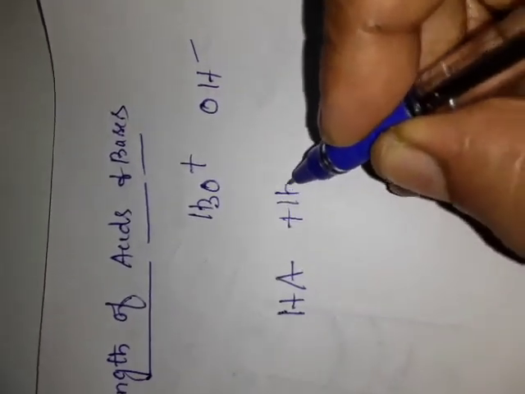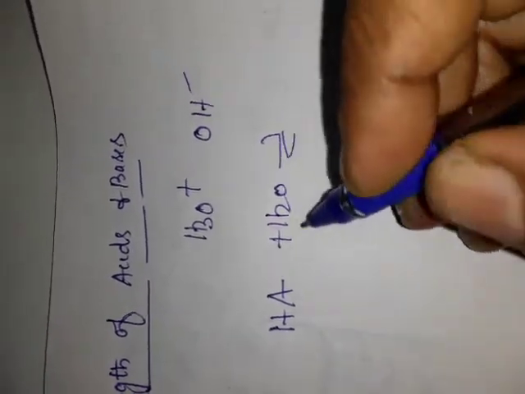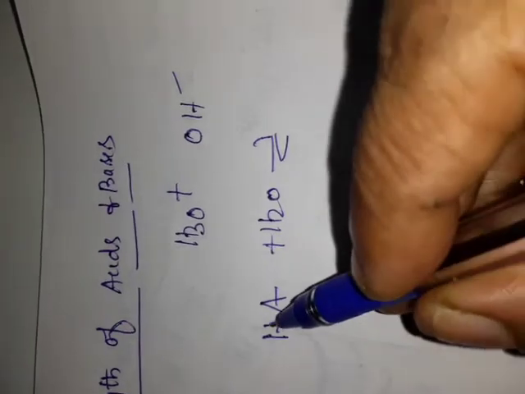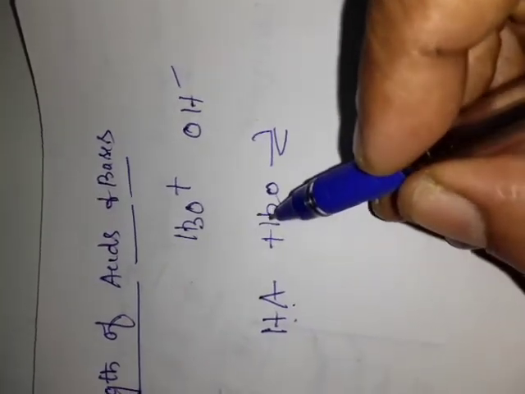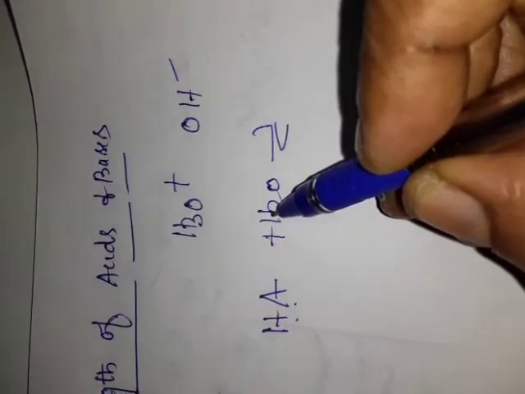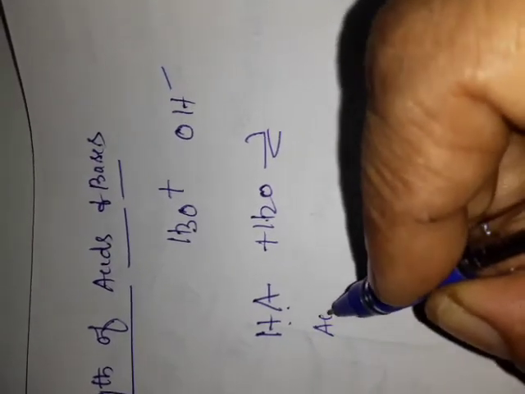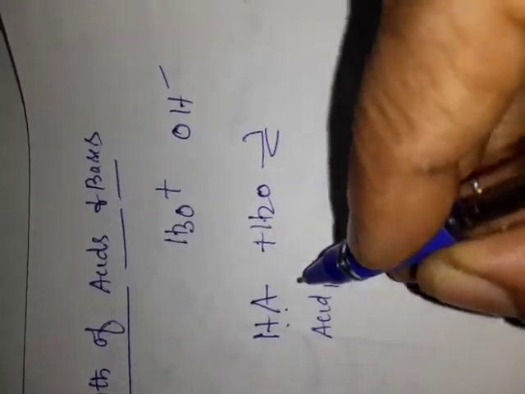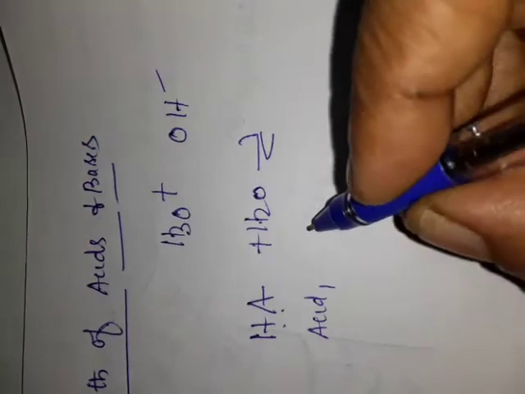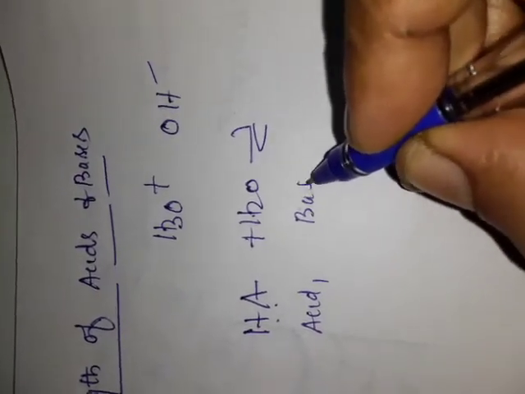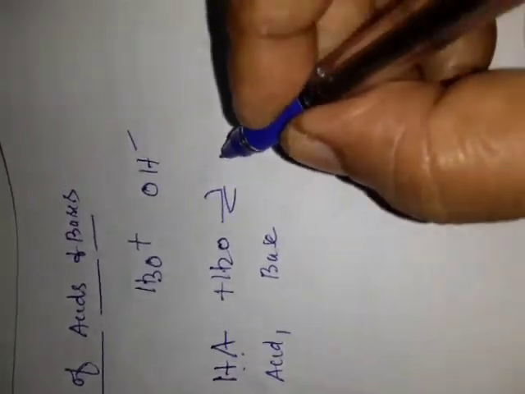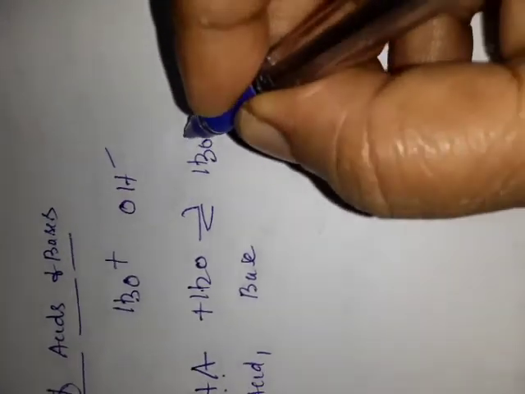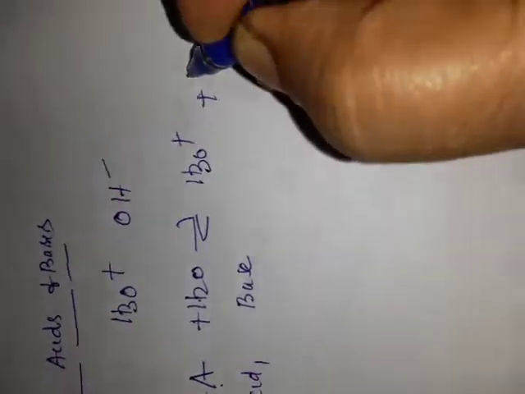When dissolved in water, this acid gives H+ to the water, so it acts as an acid, a proton donor, and water is the proton acceptor, the base, forming H3O+ and A-.